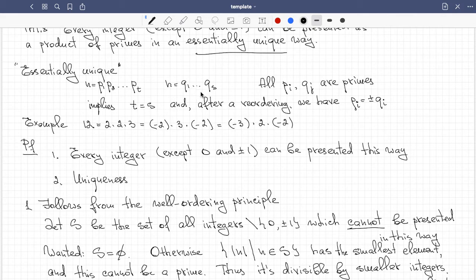It must divide one of the factors. These factors are all primes. Prime divides prime means they must be equal up to their signs. We found p1 in this product.